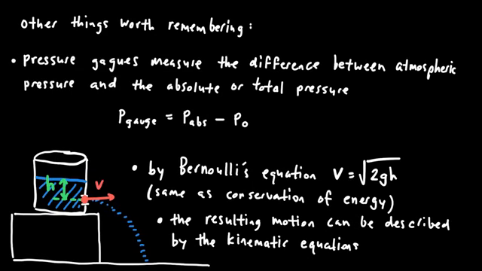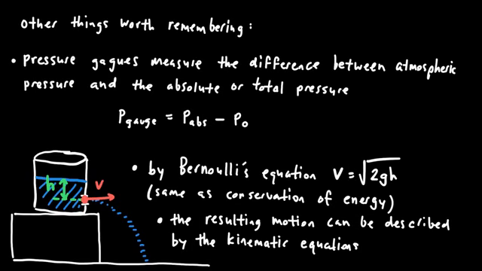A couple of final points that I think are just worth remembering is first that sometimes we've seen problems where there's been a gauge attached to a pipe that would be measuring the pressure at that location. The way that those gauges work is they use the outside atmospheric pressure and the inside total or absolute pressure, and they find the difference between those two.